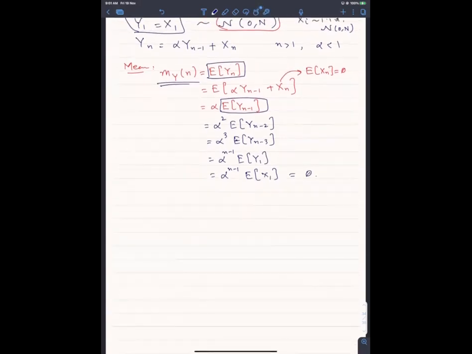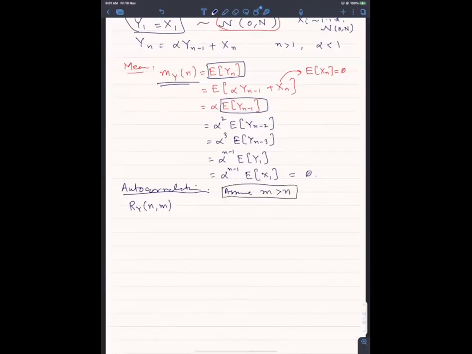Let's find the autocorrelation function. We use a trick for this, R_y[n, m]. Okay, so assume m is greater than n.